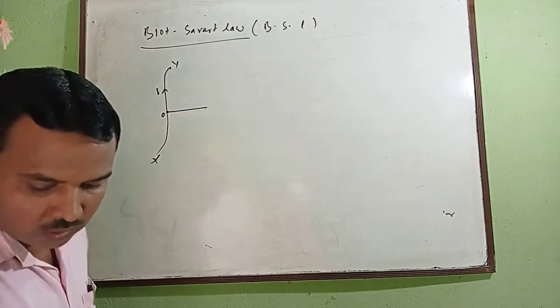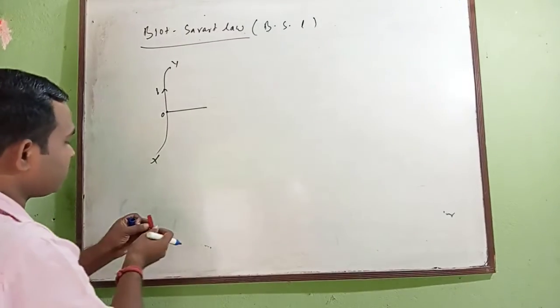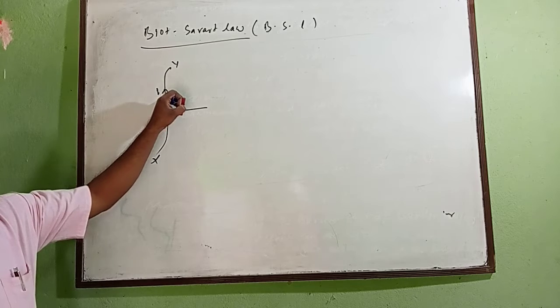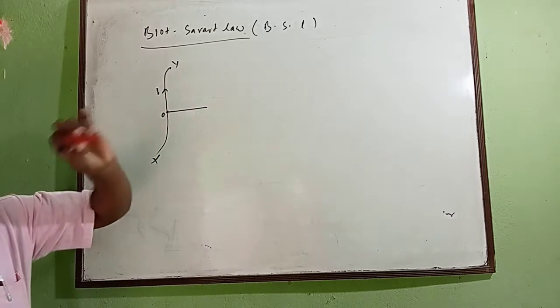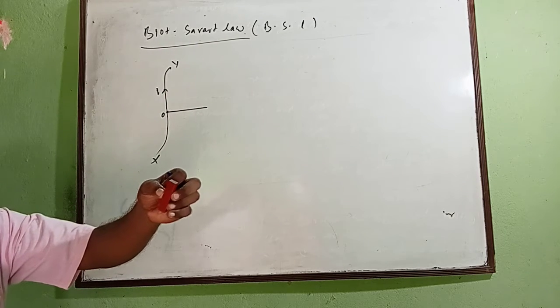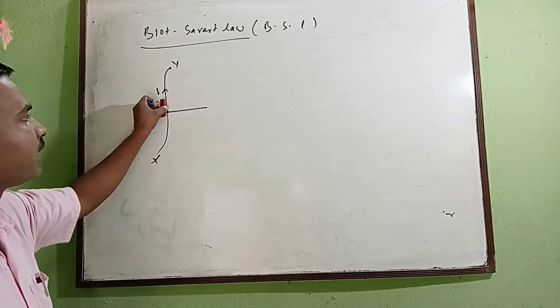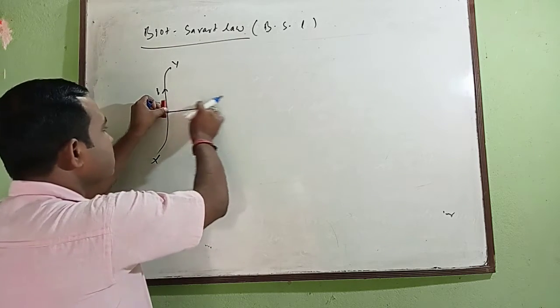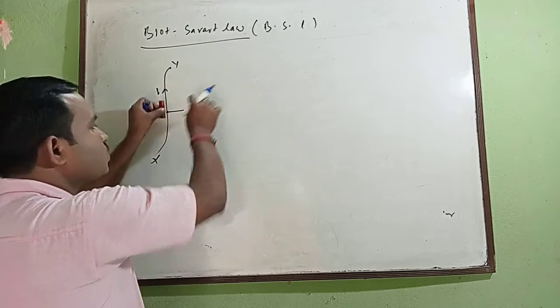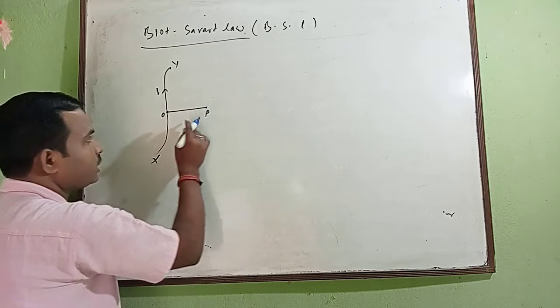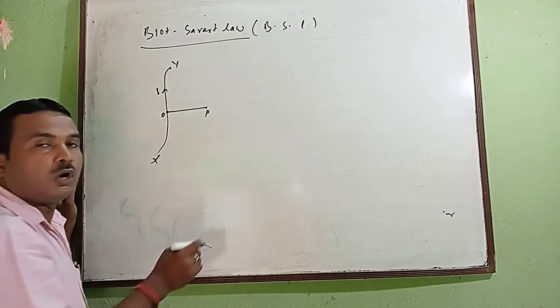Whenever current flows through these conductors, in the coils, it behaves like a magnet. So assume that this is the magnet, and at a certain distance it will start to attract. So assume that we have this distance. This is the point where the magnetic field can be observed.